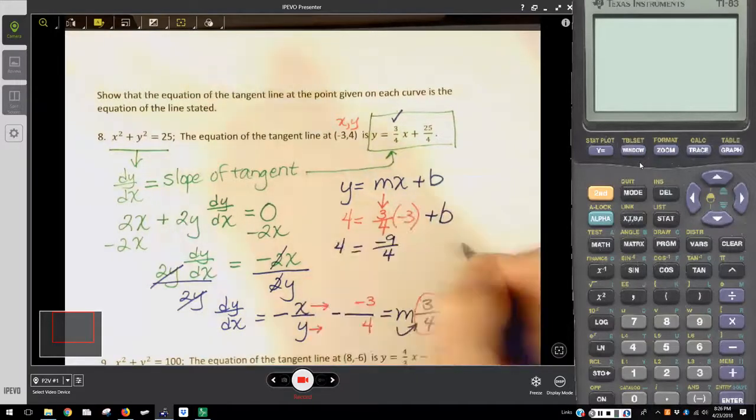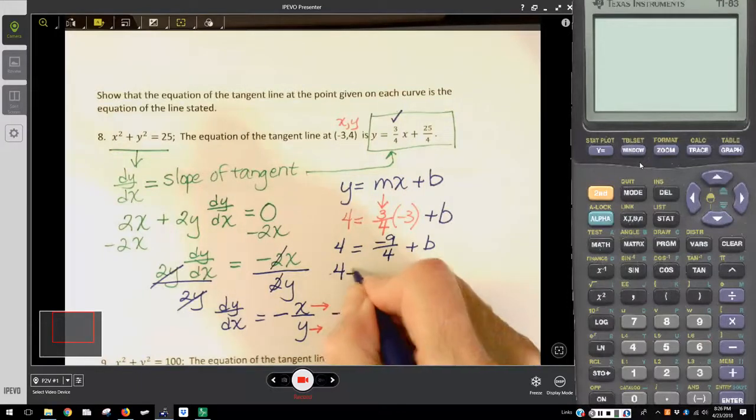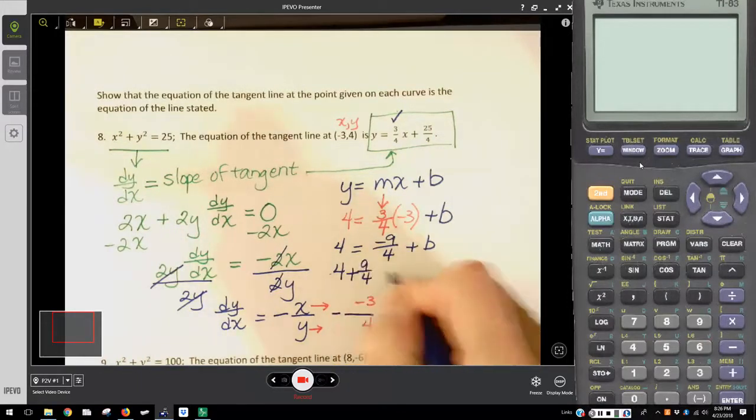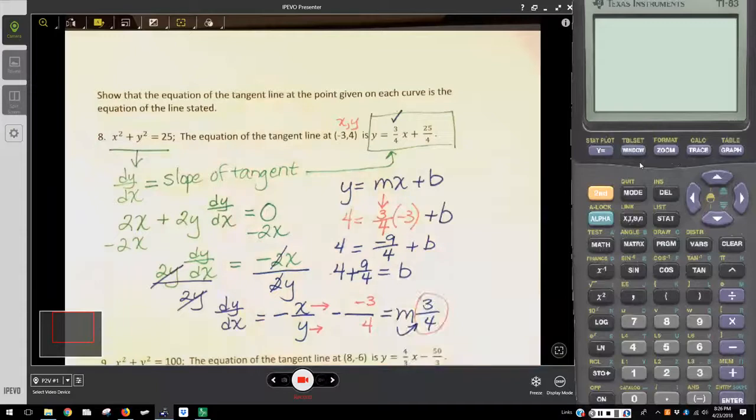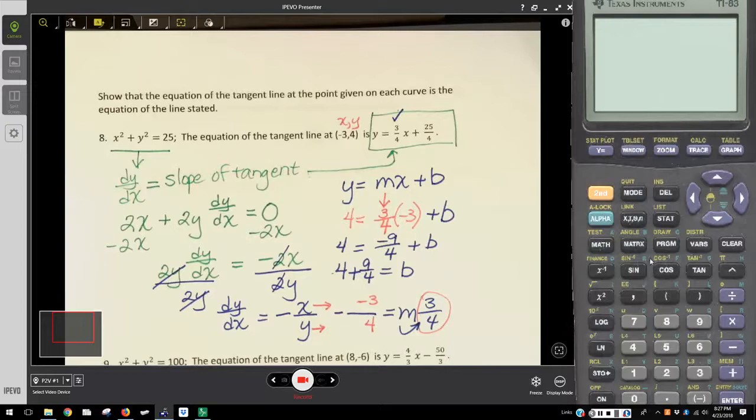And of course that's just 4 plus b. So we're going to take 4 plus 9 over 4 is going to give us the value of b. And we have a calculator that will do the fractions for us. So we're going to turn the calculator on, and we're going to say 4 plus the fraction 9 over 4, and have it give us the answer as a fraction. And it says that's 25 over 4.